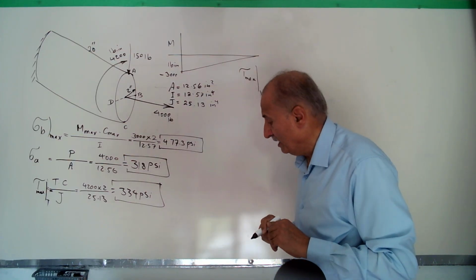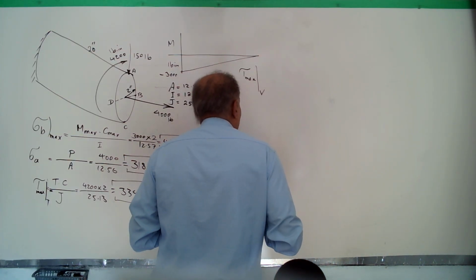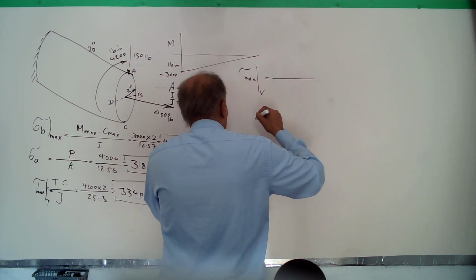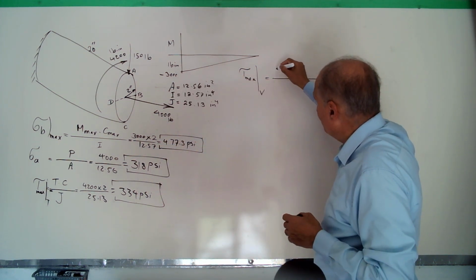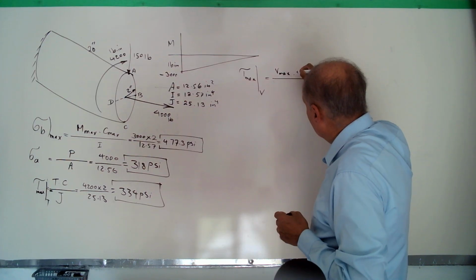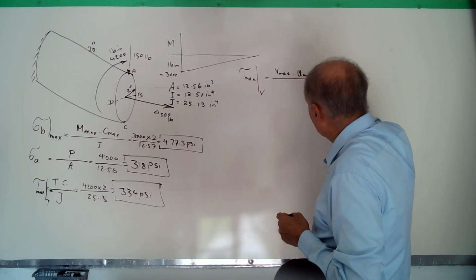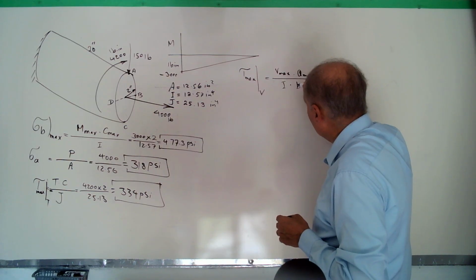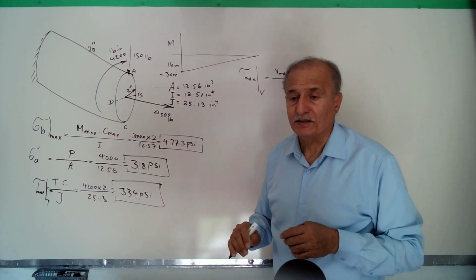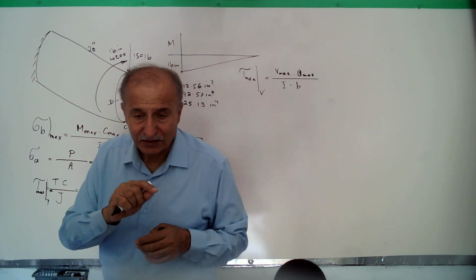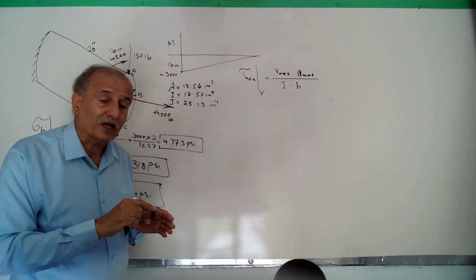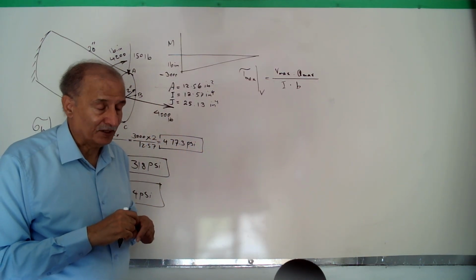We are looking for the maximum. It is equal to V times Q over I times b, where V is max, Q is max, I doesn't change, and b is the width of the cross section at the point where you are looking for horizontal shear stress.